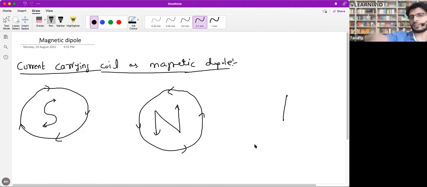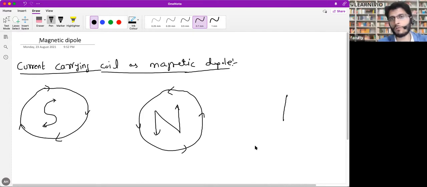How am I rotating these fingers, clockwise or anti-clockwise with respect to you? Anti-clockwise. For you, it's anti-clockwise, but for me, it's clockwise. This clockwise and anti-clockwise depends upon the observer.